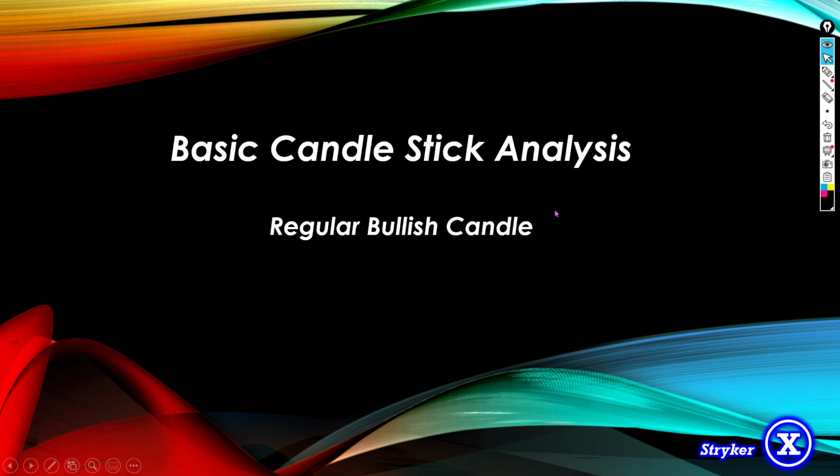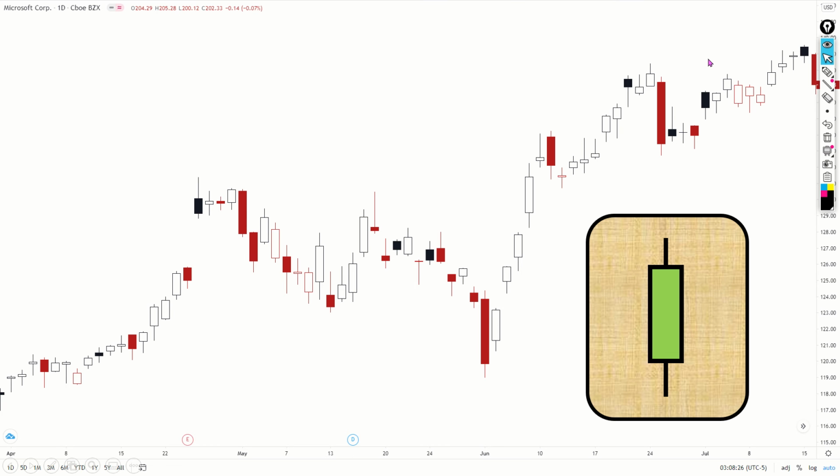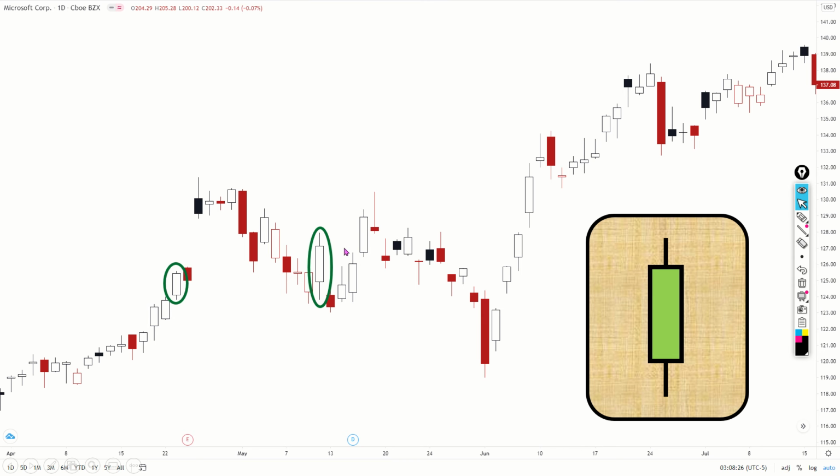Now let's go a bit deeper on the bullish candle. On charts, you may have many combinations of candles, and these regular bullish candles are situated in many parts of the chart. For example, this is one, this is two, then three. They are very common in the chart.